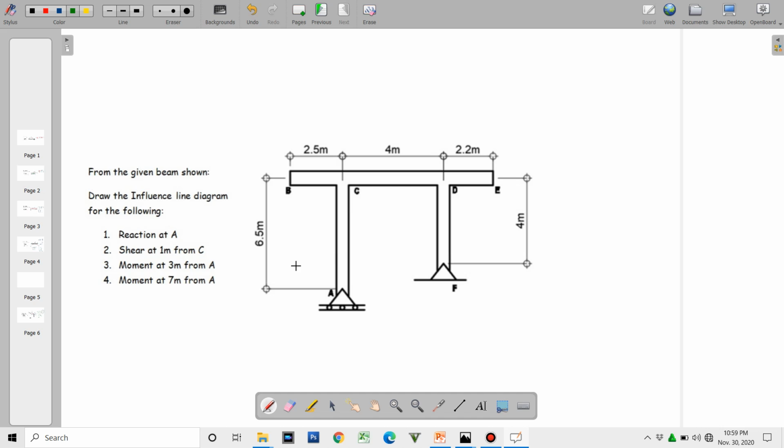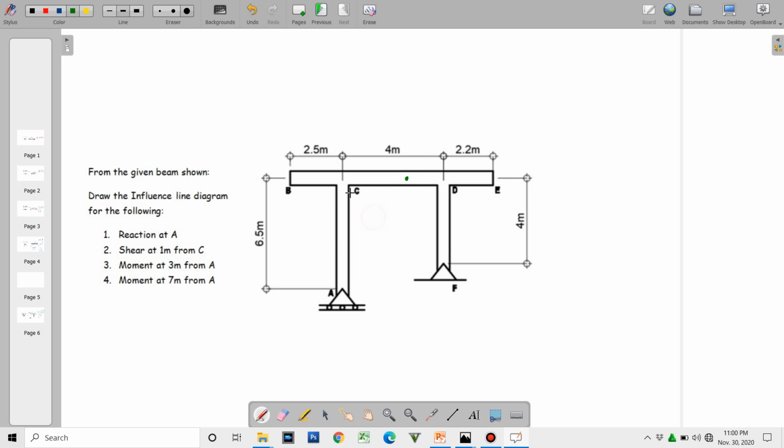So for the third requirement, moment 3 meters from A. So if this is A, I'm gonna measure here 3 meters dimension from A. So this is the point. So this is 3 meters.